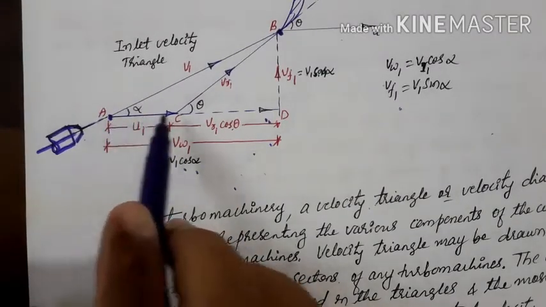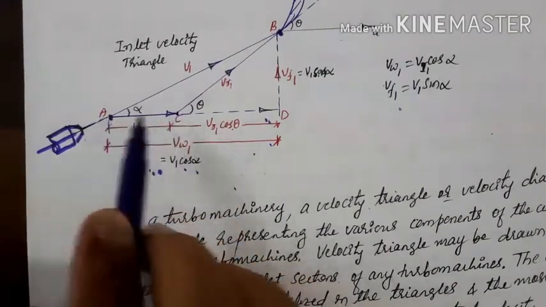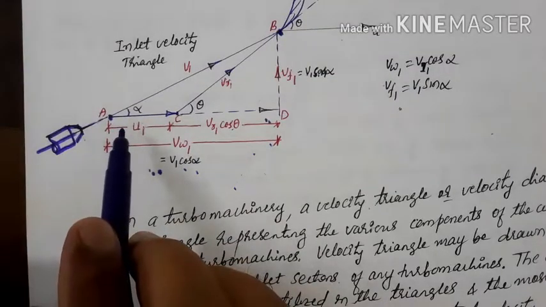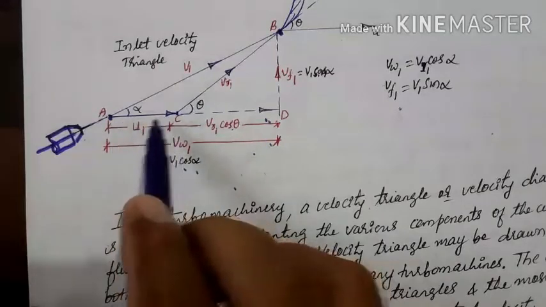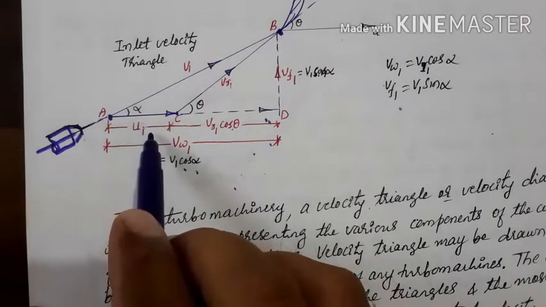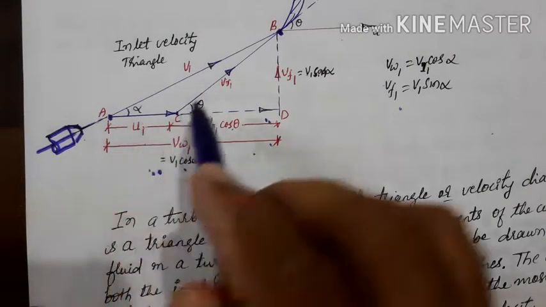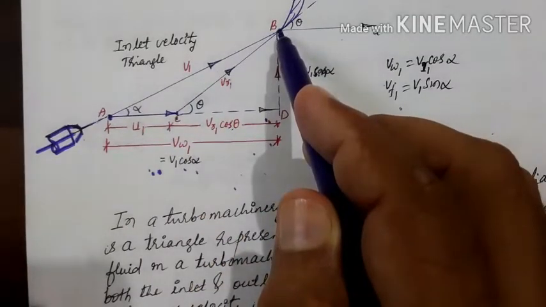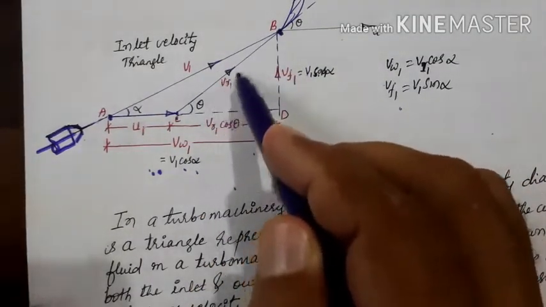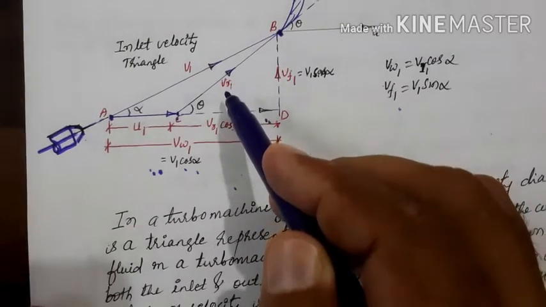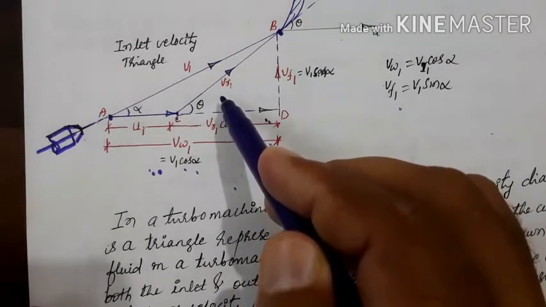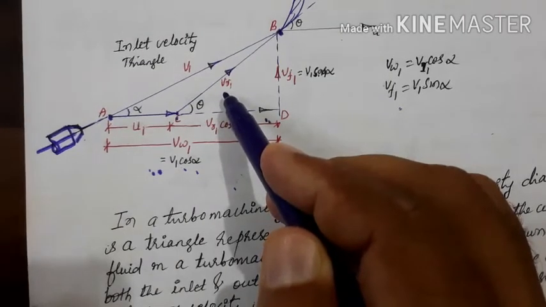Draw a line AC, and that AC is equal to the magnitude u1, and join C to B, and CB represents the relative velocity, that is VR1 of the jet at inlet.